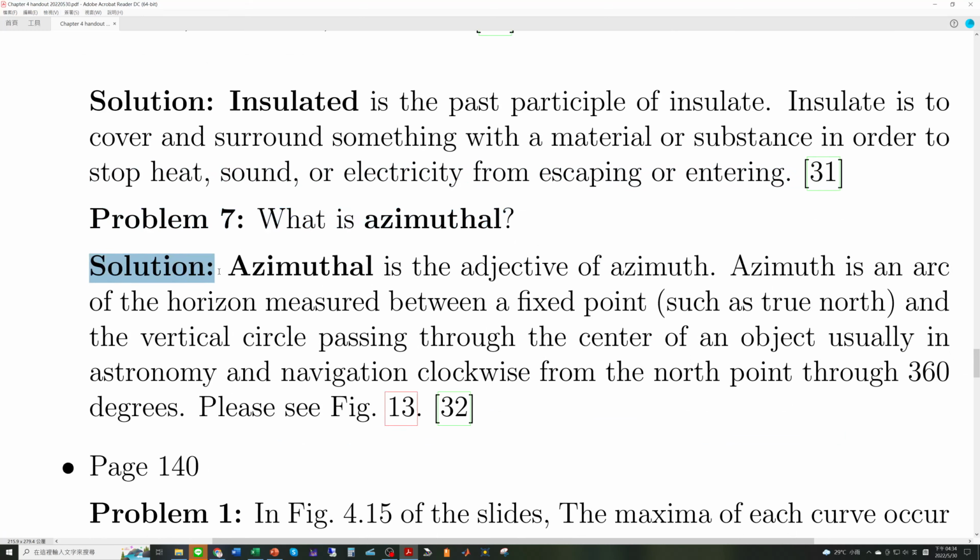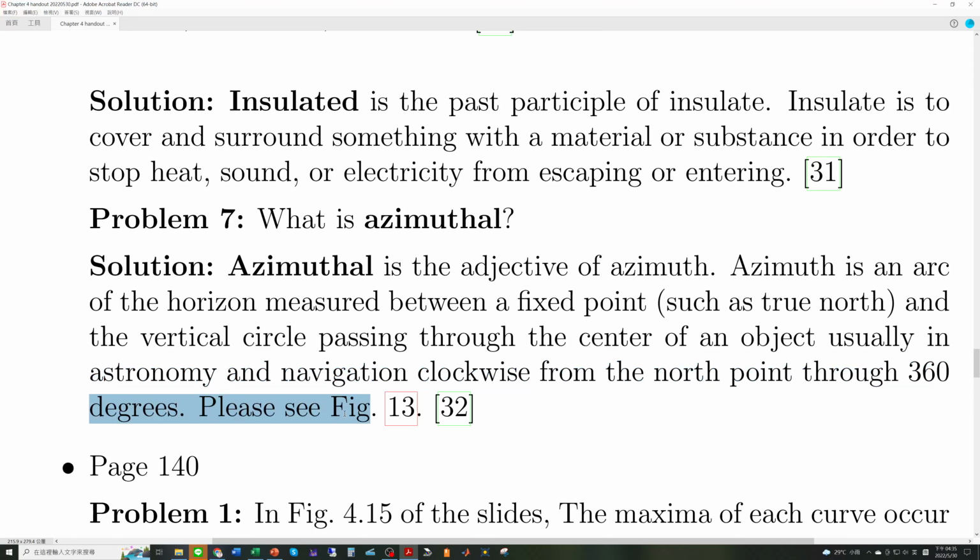Solution. Azimuthal is the adjective of azimuth. Azimuth is an arc of the horizon measured between a fixed point, such as true north, and the vertical circle passing through the center of an object, usually in astronomy and navigation, clockwise from the north point through 360 degrees.